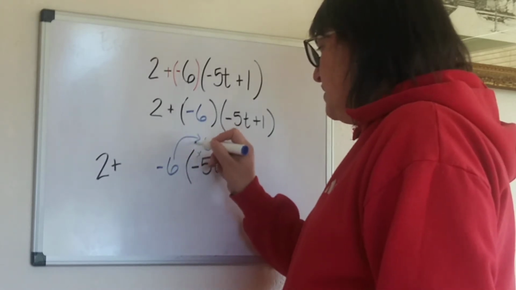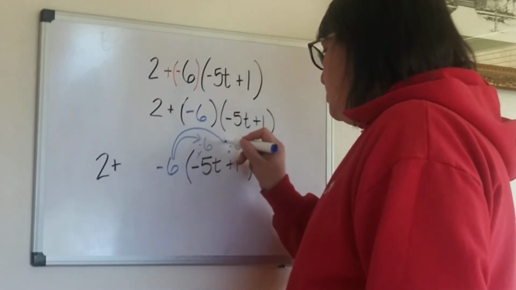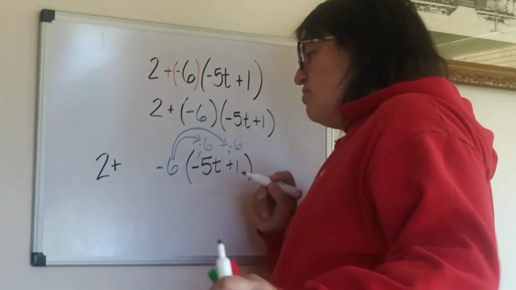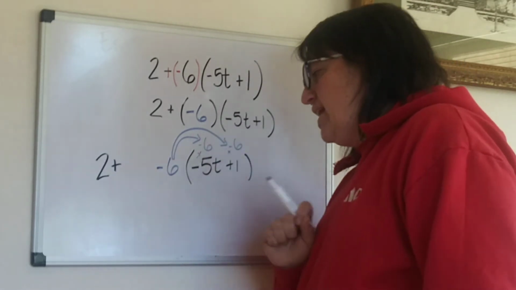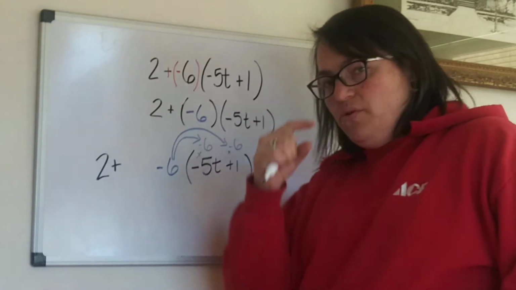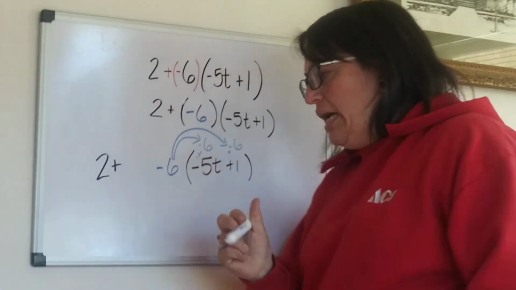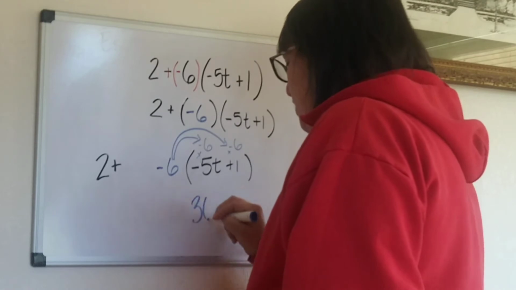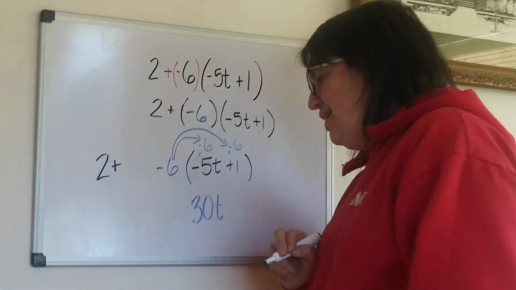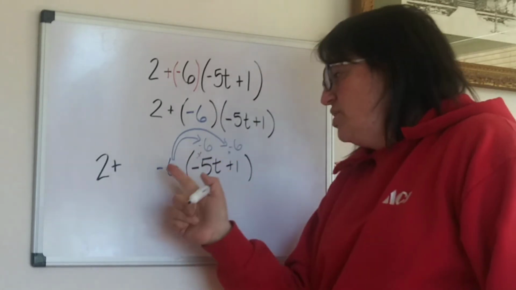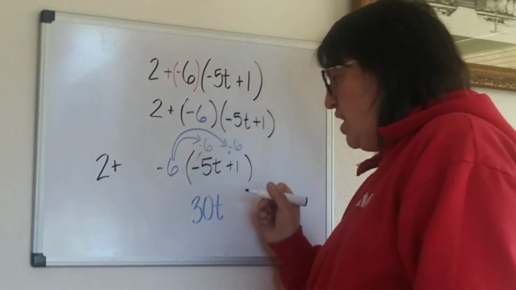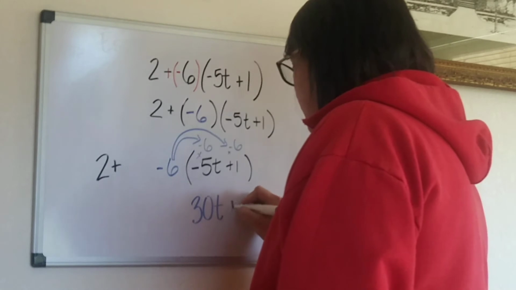So basically this guy has to go to both of those pieces. So then I would say to myself, okay, -6 times -5. If you remember, a negative times a negative equals a positive. So we end up with 30t from this multiplication. And then we do this multiplication, which is -6 times +1, which ultimately ends up being plus -6.